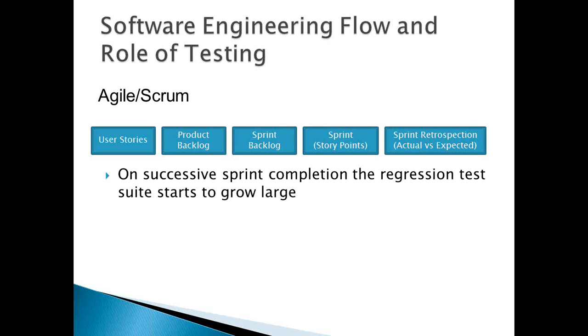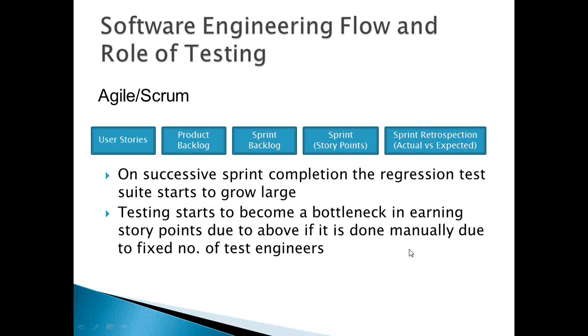And on successive sprint completion, the regression suite starts to grow. Now, what happens is that the testing starts to become a bottleneck in earning the story points due to above if it is done manually, especially with fixed number of test engineers which are there in the team.